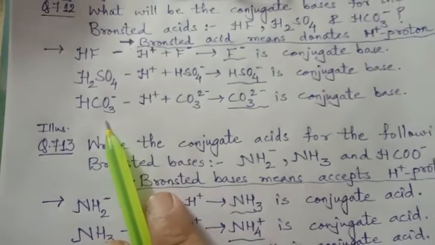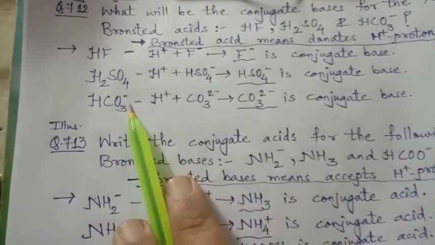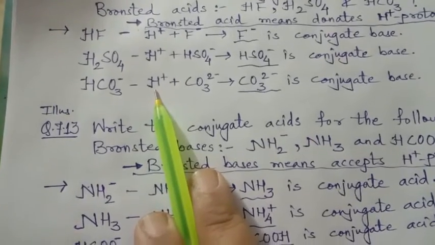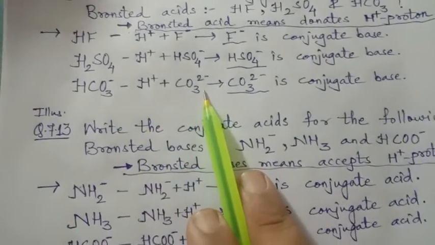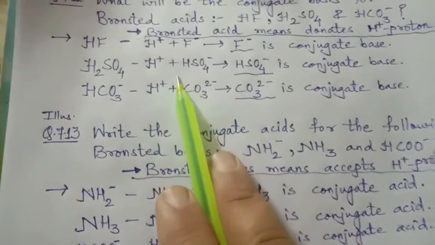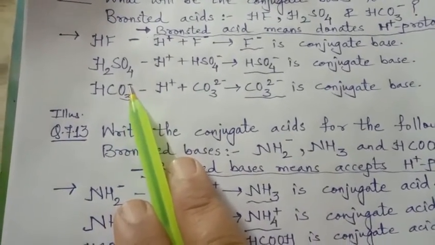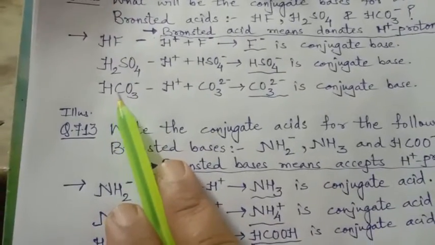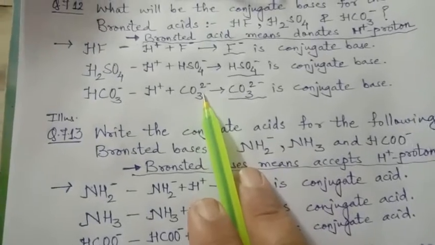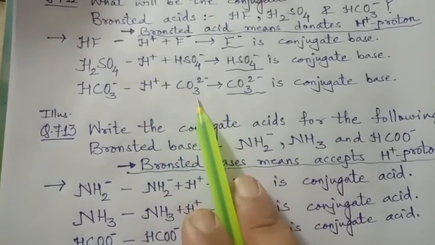In carbonic acid, HCO3 minus, H plus is the proton donor. So CO3 2 minus. See here, H plus is donated. So 1 minus is already there, and here it will be donated. So definitely the oxygen is there to accept. This is the proton donor, this is the proton acceptor.